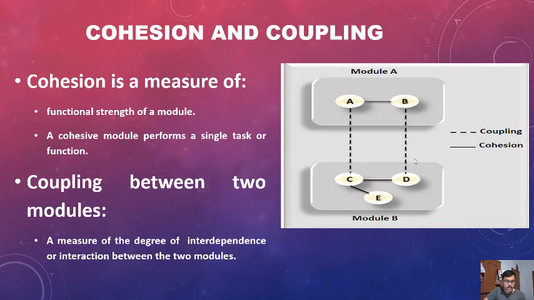On the other hand, the coupling between two modules is the measure of the degree of interdependence or interaction between the two modules. So this is coupling between two modules, the interdependency between modules, and this is the cohesion, that is the functional strength of the whole module, whether this module performs a single task or function.